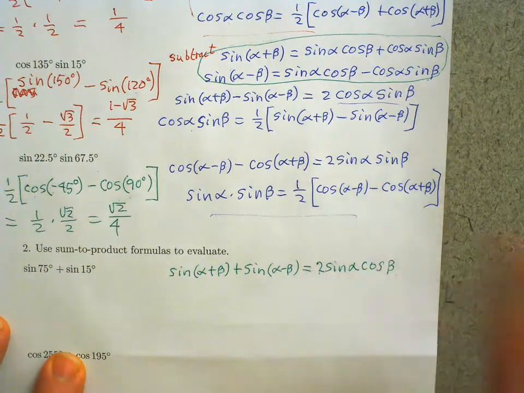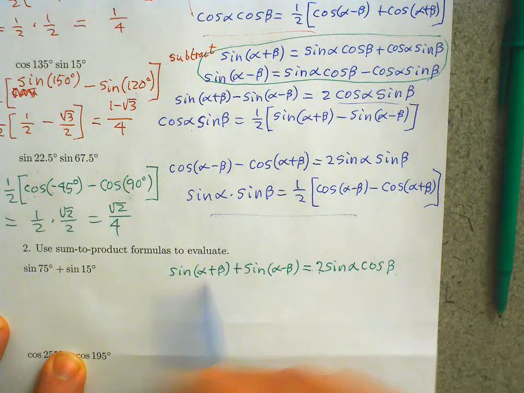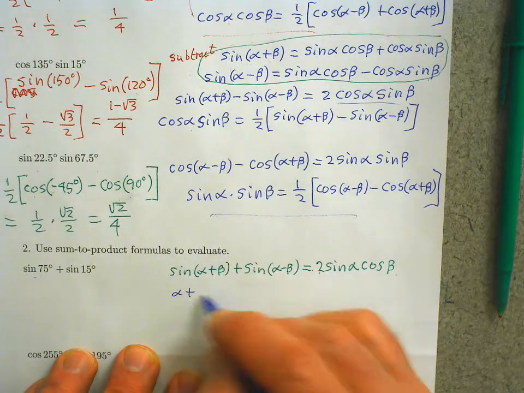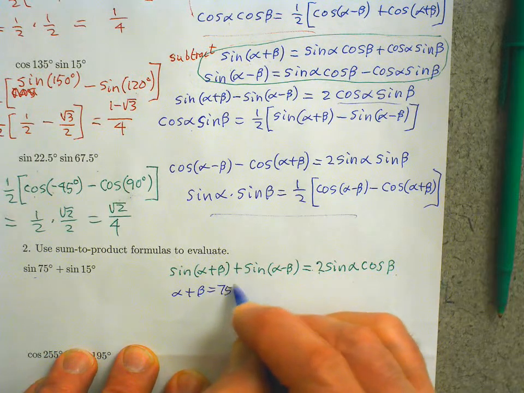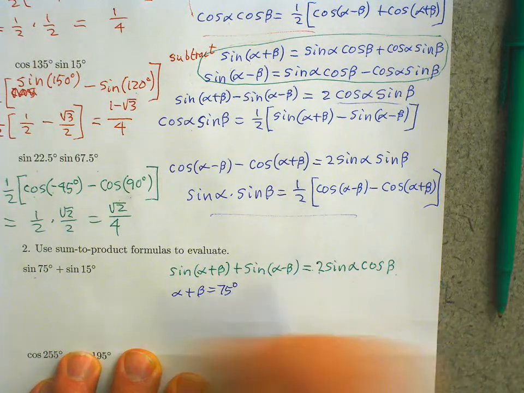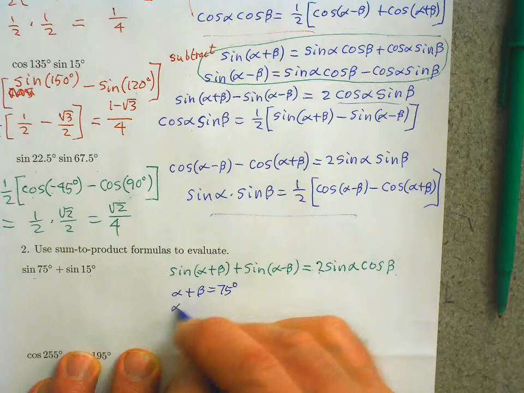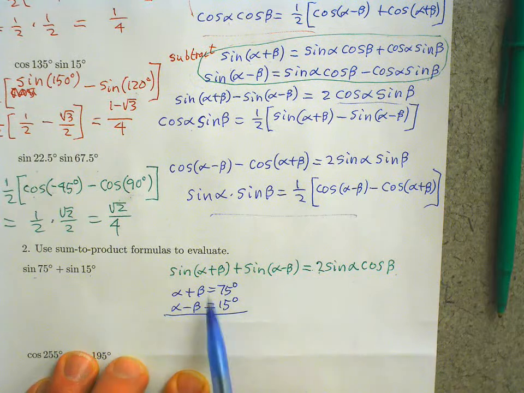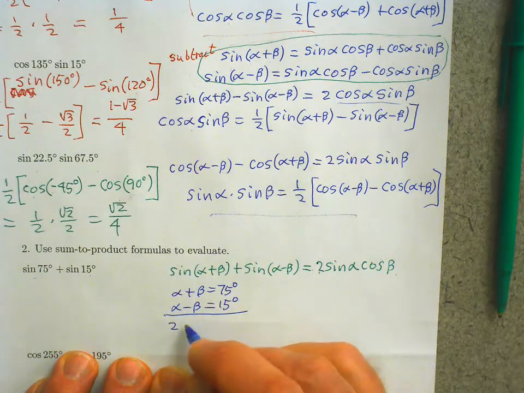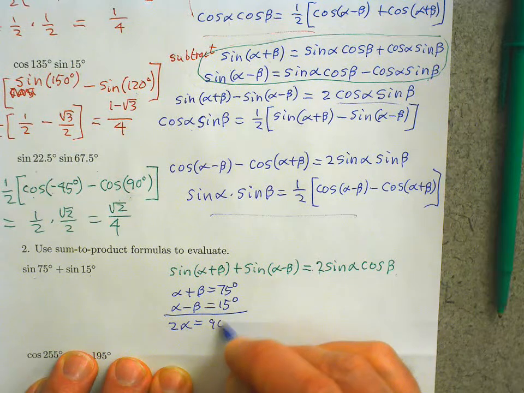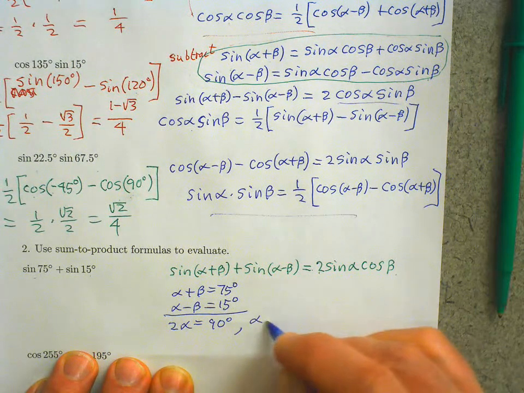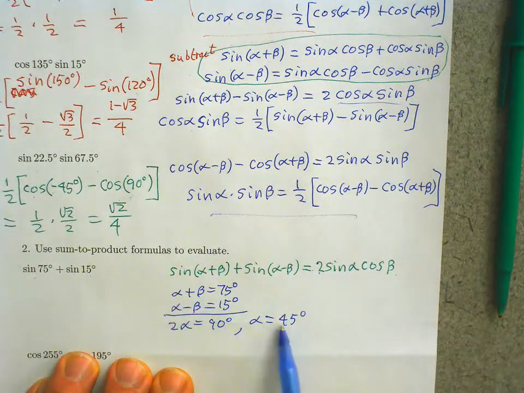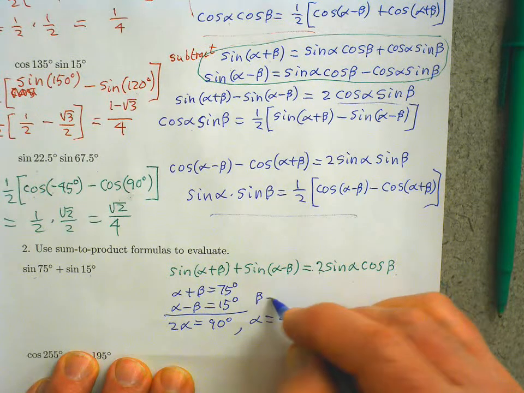So we have a little more work to do. 75 degrees is our alpha plus beta. And 15 degrees is our alpha minus beta. And when I add those together, the betas are eliminated, so I get 2 alpha equals 90 degrees. And so alpha is equal to 45. And if alpha is 45, we can see that beta is 30 degrees.